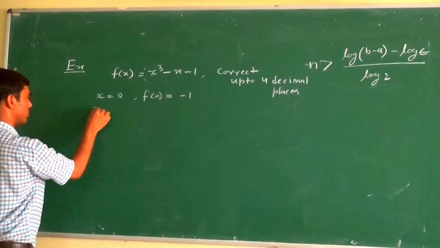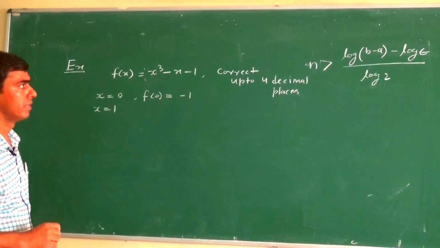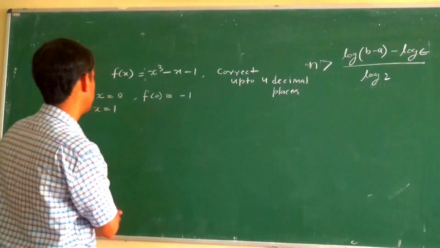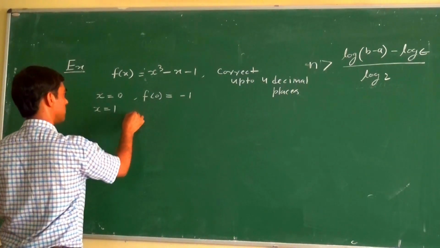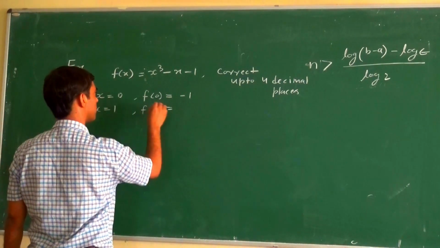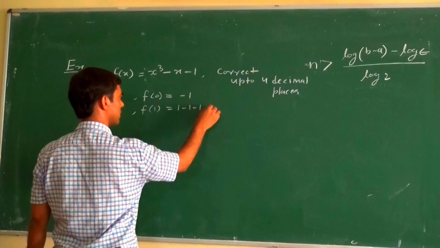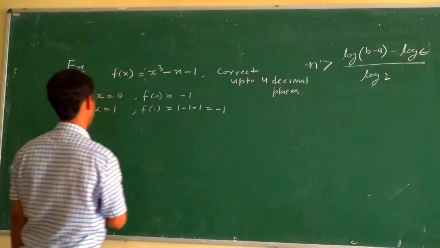If we put x equal to 1, then what is the value of f of 1? F of 1 is 1 minus 1 minus 1, so this one is again minus 1.